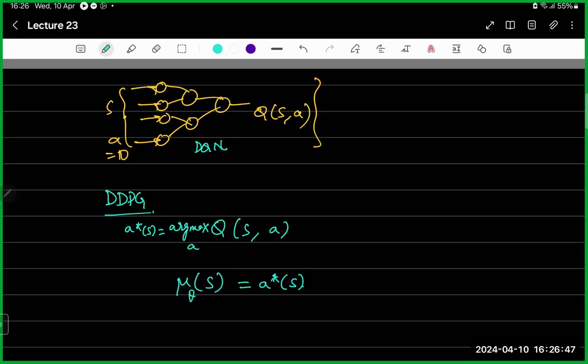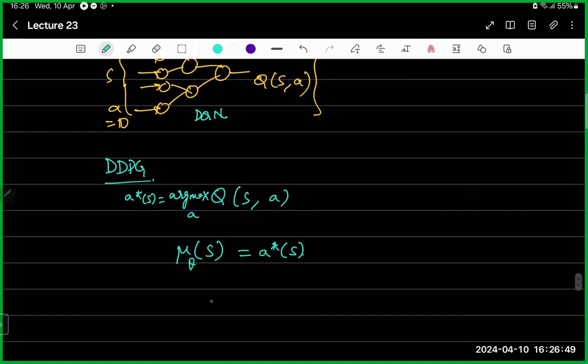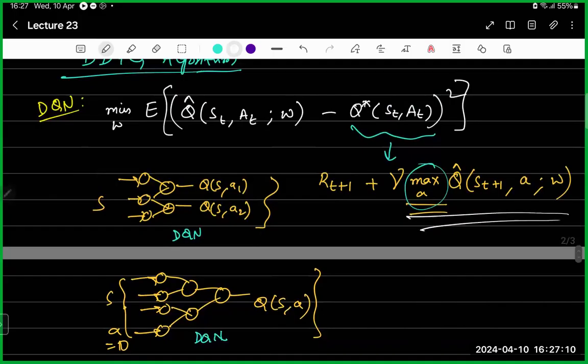So I want a mu which will satisfy this property. The maximum Q value is what I have to substitute in my update rule, right? Here I have to substitute this value.